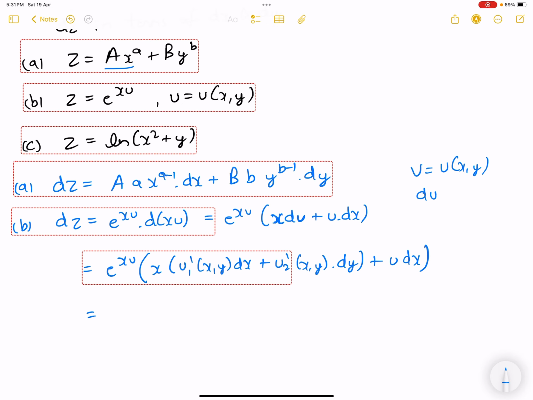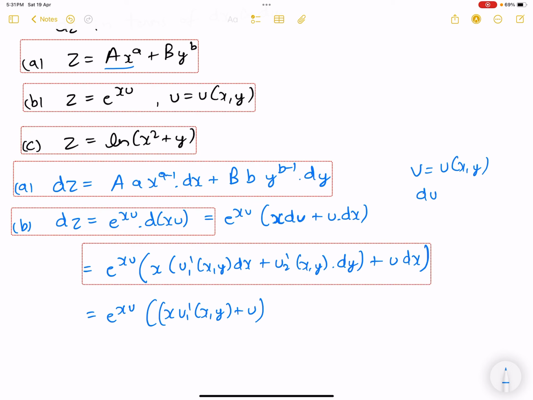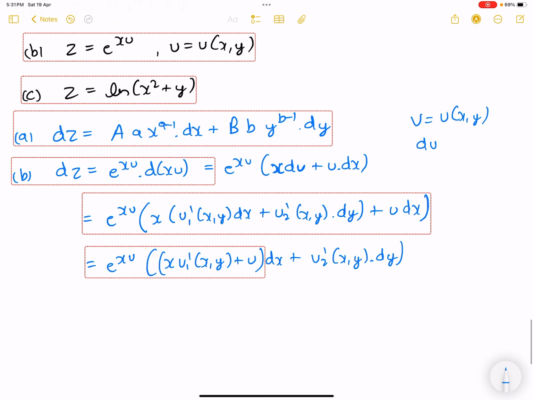Now e to the xu times x u1 dash xy plus u, whole times dx, plus x u2 dash xy times dy. So this is the final result that we'll get.